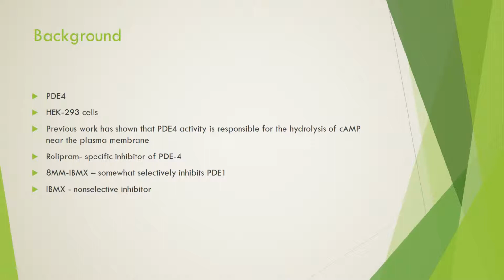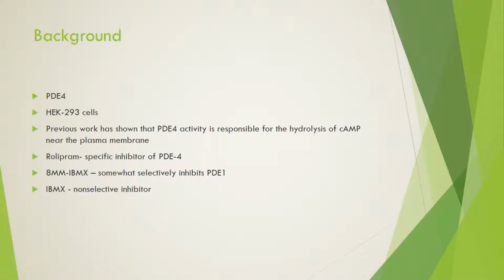HEK293 cells are used throughout this experiment because they are human embryonic kidney cells. They are used because they grow and transfect really easily, and they have become the standard model for the study of kinetics and subcellular distribution.